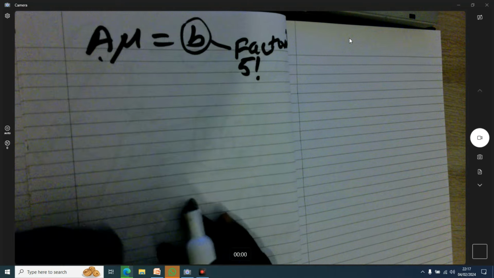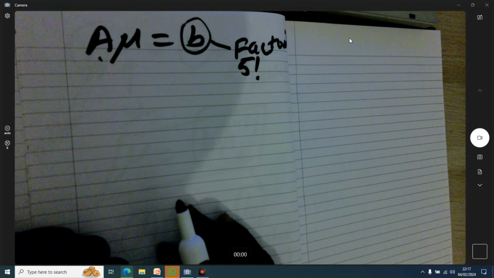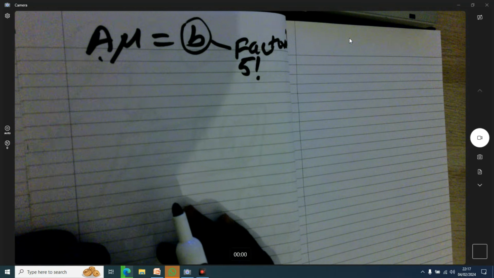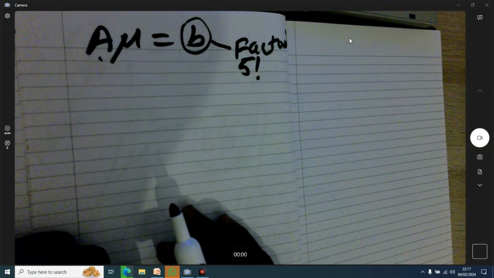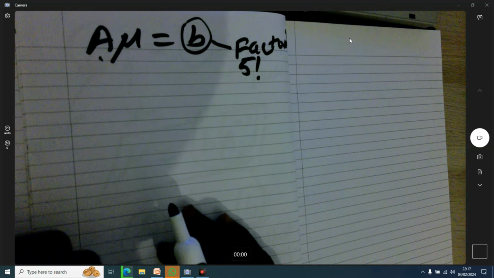Let's say we want to get 5 factorial. We know that if we want to get 5 factorial, there must be a reason for getting it. Maybe we want to get 5 factorial so that we can go out and challenge somebody like, you know what, we know how to do 5 factorial. And if you want me to show you, you need to pay. Give me some money.